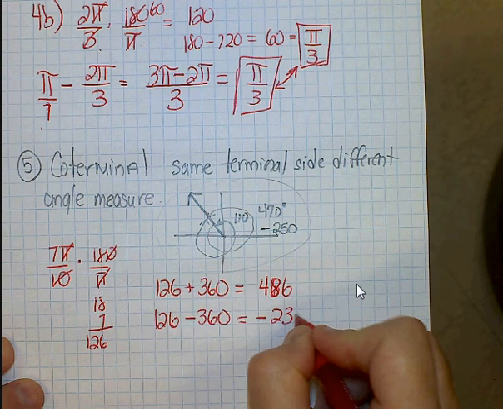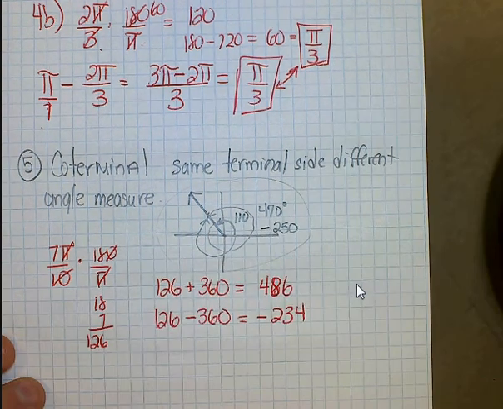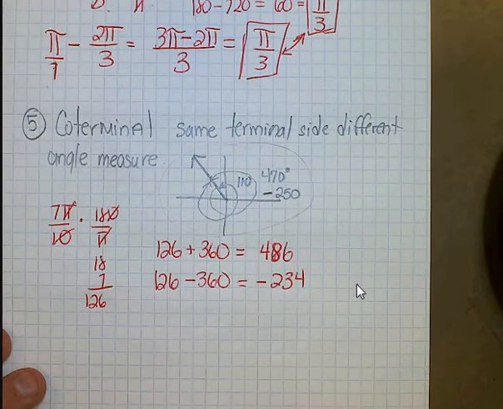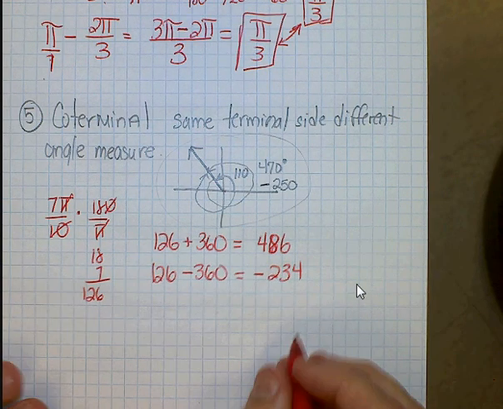Yes? Yeah. Okay. Now I'd have to take the time to convert all that back. I'd have to take 486 and convert it back by multiplying. That's probably not what I want to do. The easier way would be to keep it in radian measure.